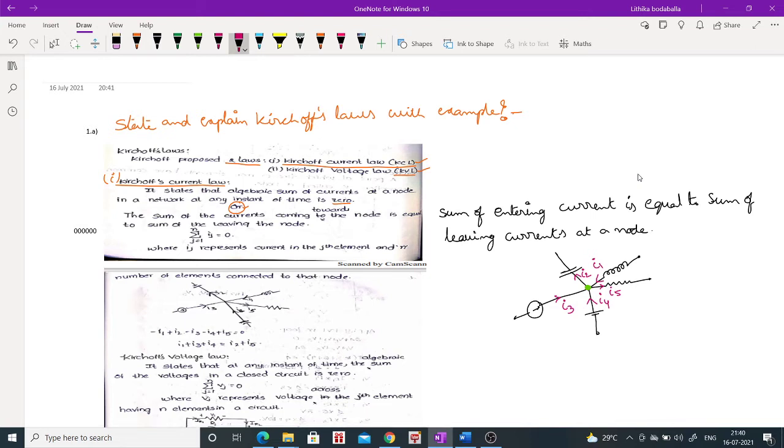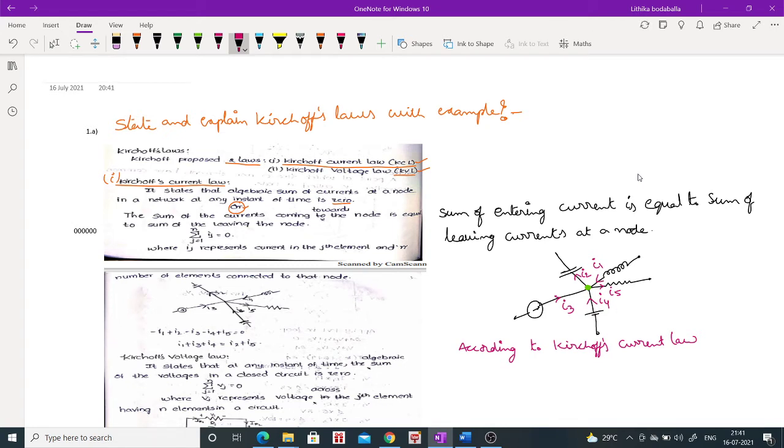Now we try to apply Kirchhoff's current law at this node. According to Kirchhoff's current law, the algebraic sum of currents meeting at a node is equal to 0.